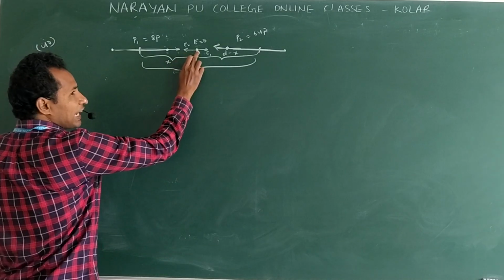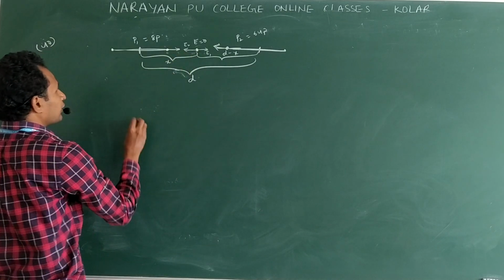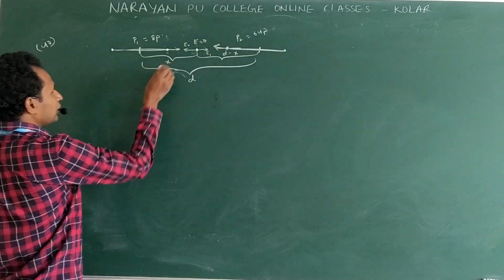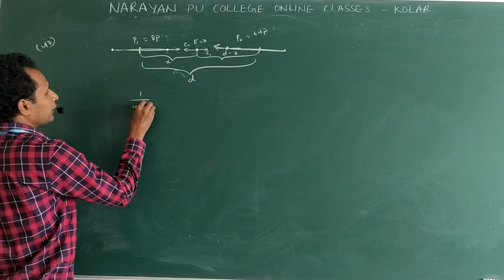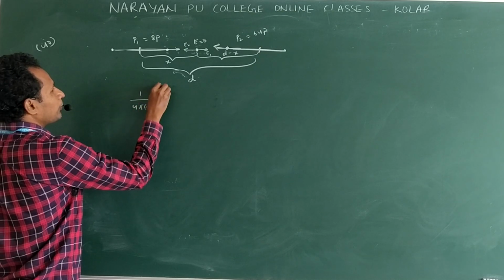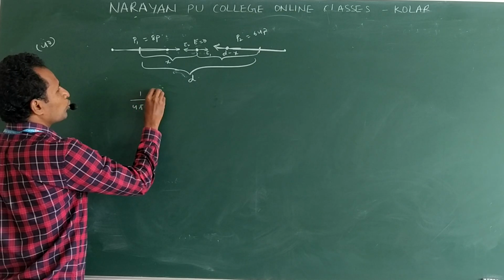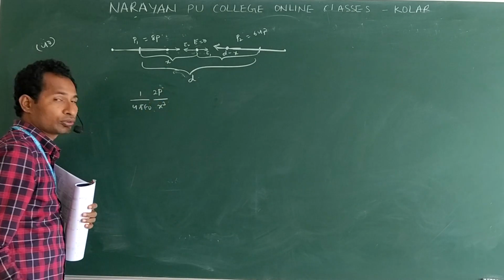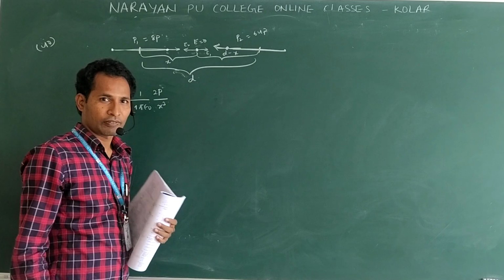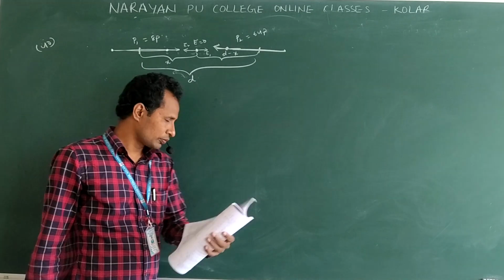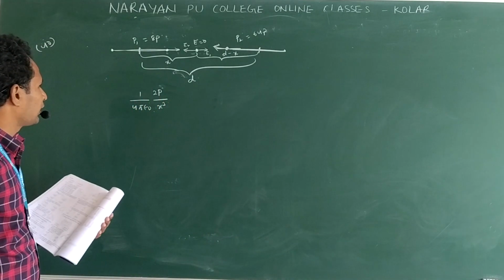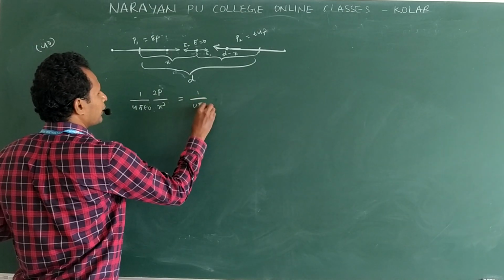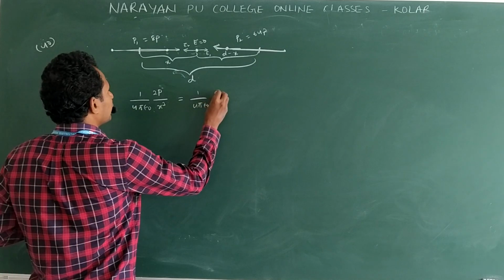Since the point is on the axial line, the two electric fields are equal, so equate E1 with E2. 1 by 4 pi epsilon naught into 2p1 by x cube is equal to 1 by 4 pi epsilon naught.